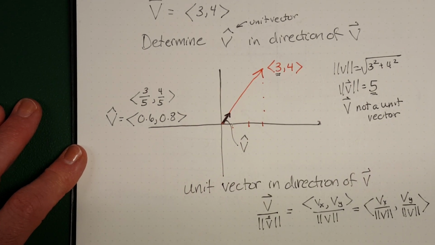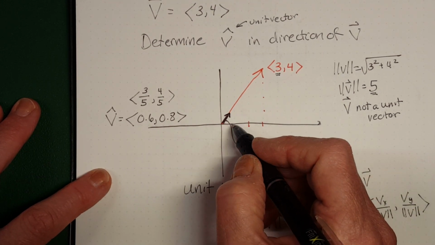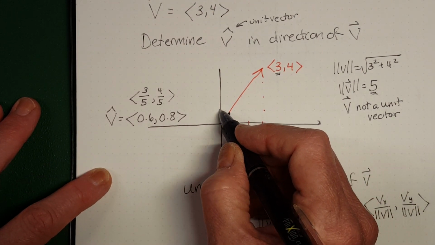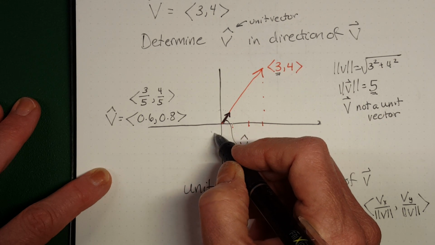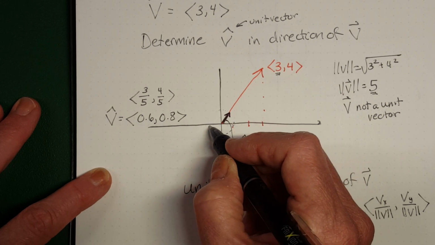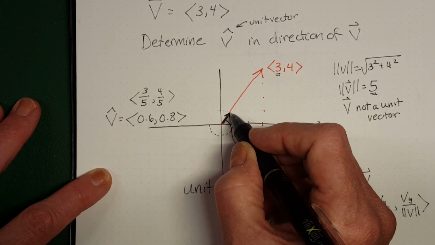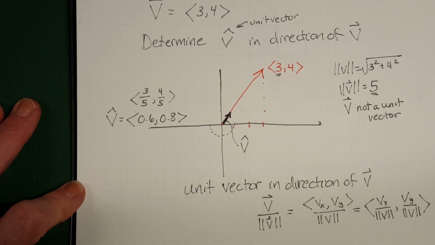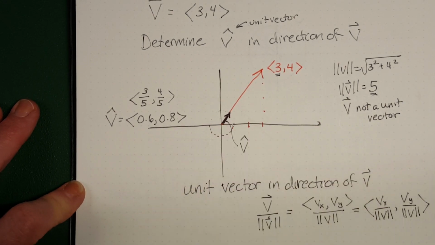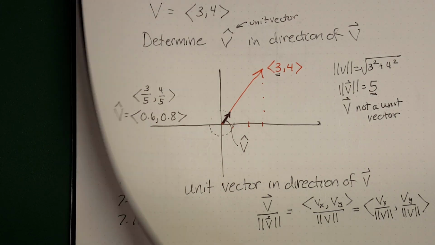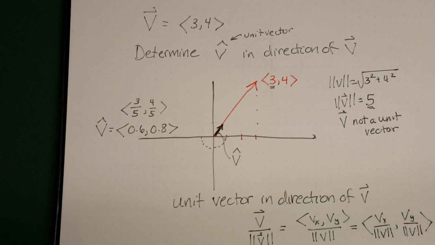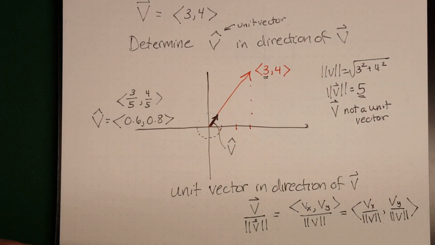Now remember, unit vectors would all land on the unit circle. So if I had drawn a circle with a radius of 1, that means that this point, 0.6, 0.8, must be on the unit circle. In fact, I can go back to the previous page from our previous video.